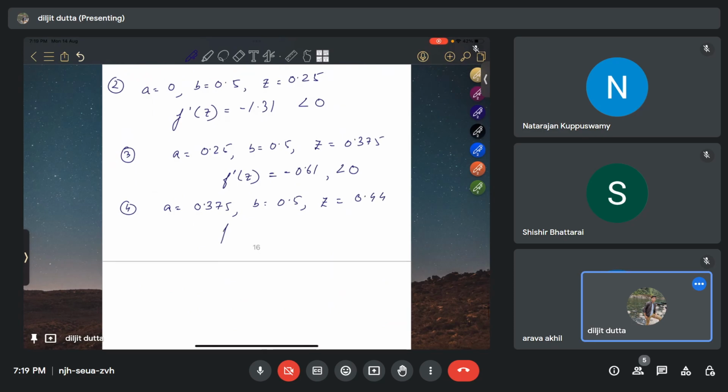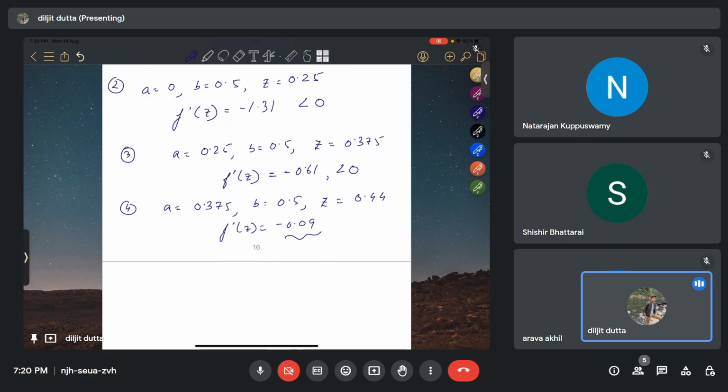So now f dash z is equal to 12 into 0.44 whole cube minus 2 into 0.44 minus 1, which gives minus 0.09. So this value is, f dash z is almost near to 0.